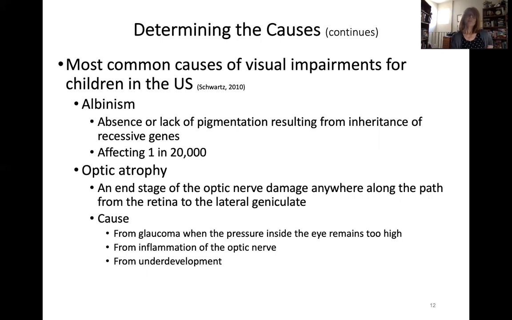What happens is that it's basically the end stage of the pathway between the retina and the lateral geniculate, which could be caused by glaucoma, inflammation of the optic nerve, and basically underdevelopment. When you go to your eye doctor or have your eyes examined, typically you get some sort of test for glaucoma, which is about the pressure in the eye. And that ensures that you have a healthy eye going forward.